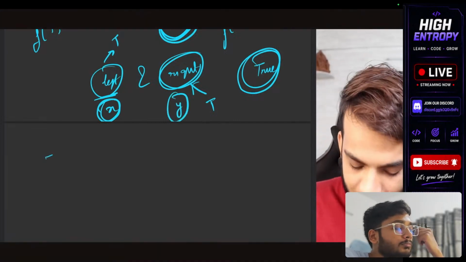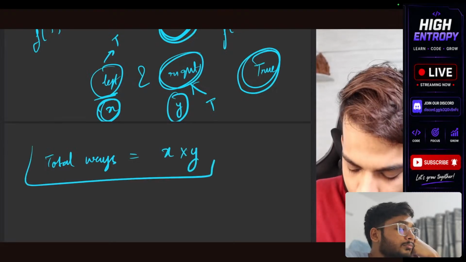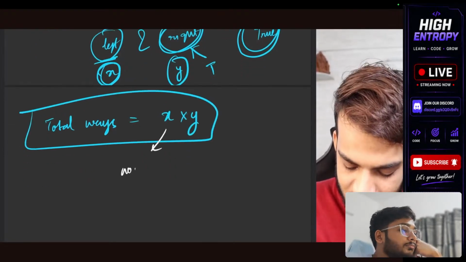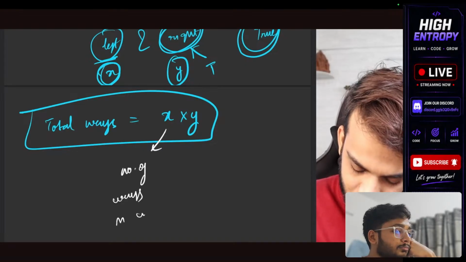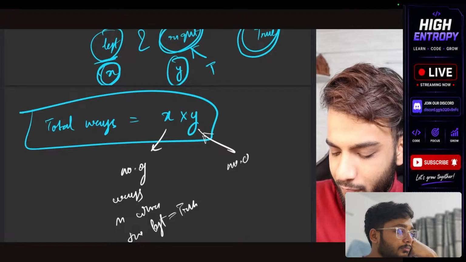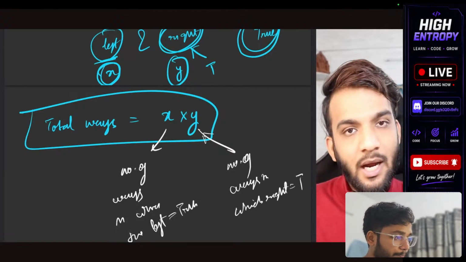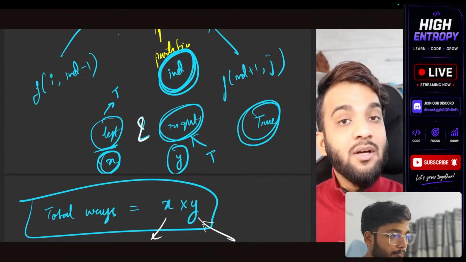So the total ways will be x into y, where x is the number of ways in which the left is true, and similarly y is the number of ways in which the right is true. Understood? So that was for the AND operator.